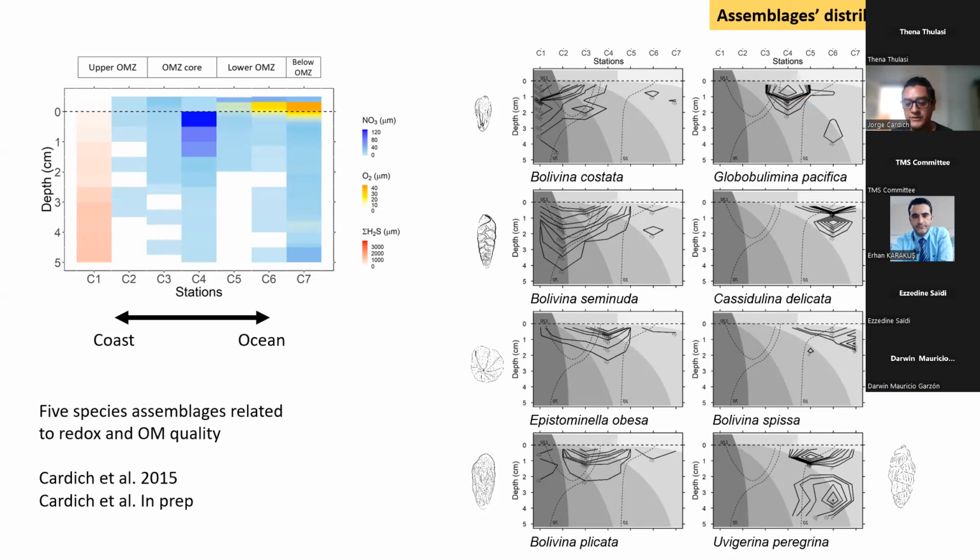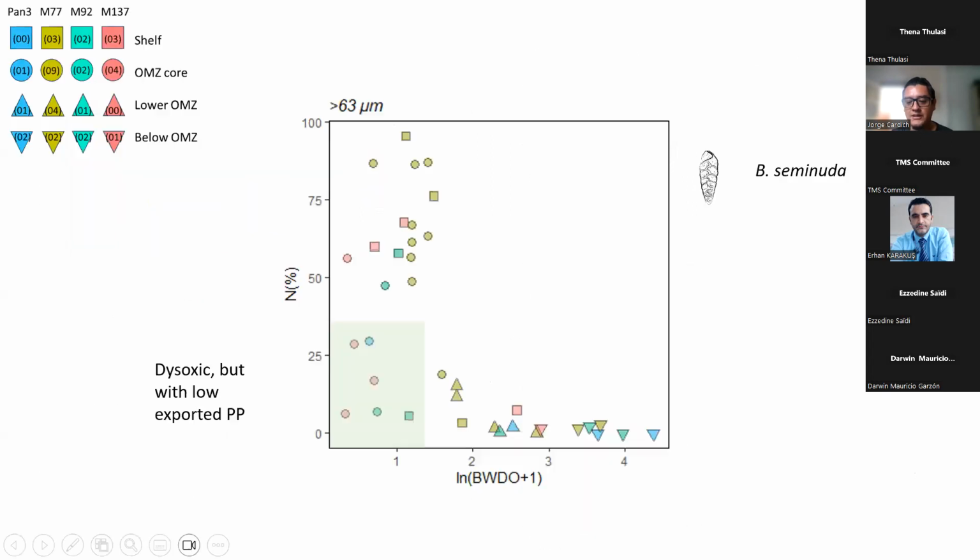So, for example, Valvulineria peregrina here, they have the same distribution as Bolivina spissa, but it presents these subsurface peaks. So I just chose Bolivina spissa because it lives right at the surface of the sediment.